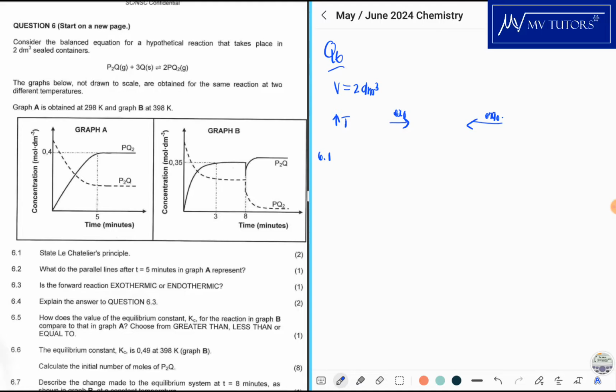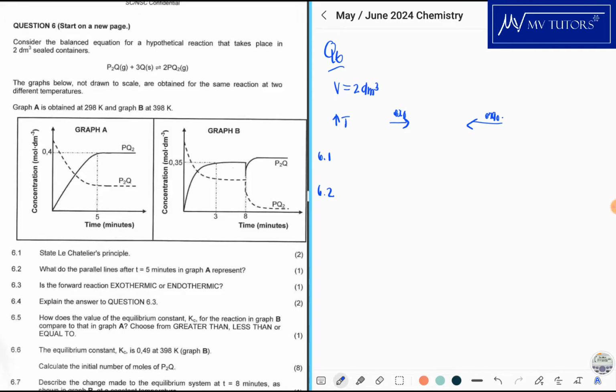So there was a disturbance to the dynamic equilibrium, and Le Chatelier says, let's try to fix this. The position of the equilibrium shifts and counteracts the disturbance in order to re-establish equilibrium. Like we see here for graph B, from 3 seconds to just before 8 seconds, there was equilibrium, then something happened, and then a new equilibrium was reached later on. So that's Le Chatelier.